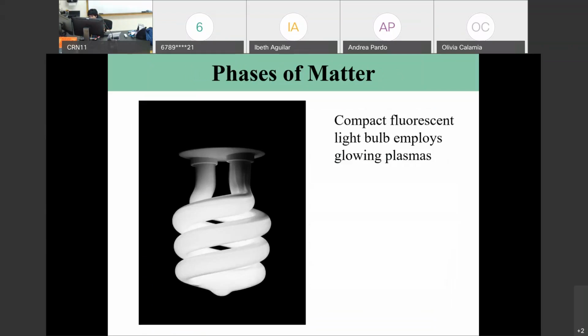However, you can see some of these in the case of the fluorescent light, right? Where you have a glowing plasma in there. That's the reason why it's so shiny, okay? But I think the best example is when you look at the stars, all right? That's one of the goals that we have in physics, is to produce a very large version of a star.